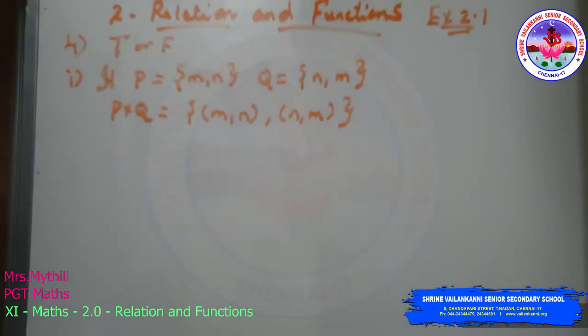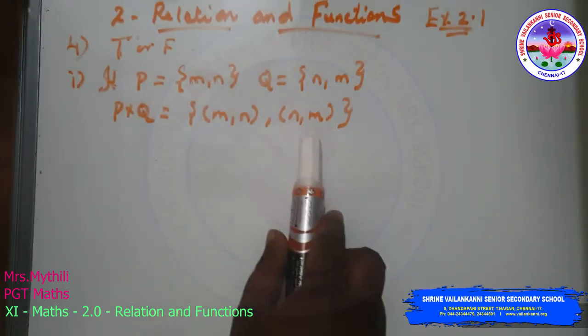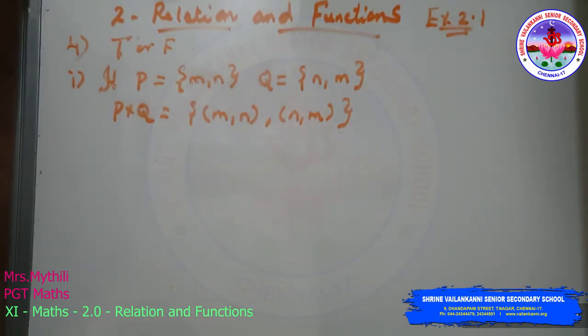Fourth one, state whether each of the following statements are true or false. If the statement is false, rewrite the given statement correctly. First one, P equal to {m, n} and Q equal to {n, m}. Then P cross Q is given as (m, n) and (n, n). Is it true or false?